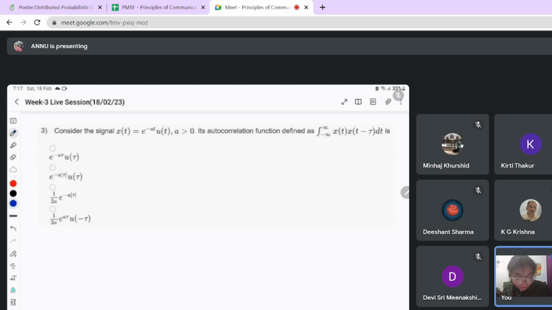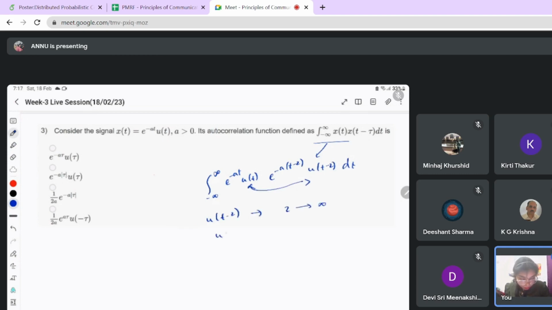But even if you are solving it with the basic formula, so minus infinity to infinity, e power minus at u(t), and then e power minus a(t minus tau) u(t minus tau). Since this is a multiplication of u(t) and u(t minus tau), u(t minus tau) will have the limit of tau to infinity, and u(t) will have the limit of 0 to infinity.